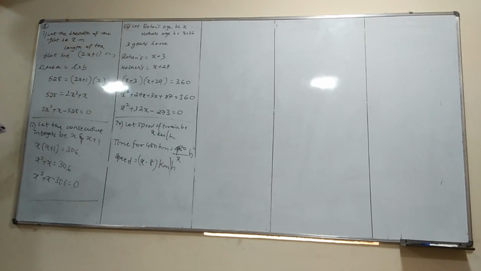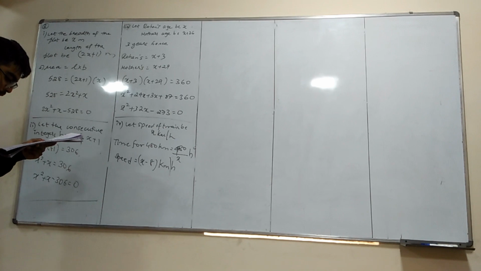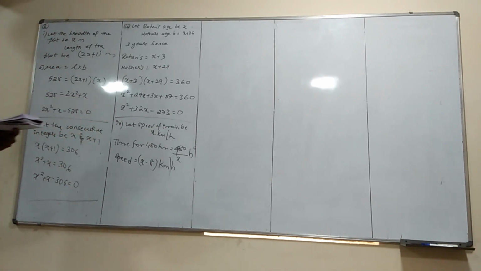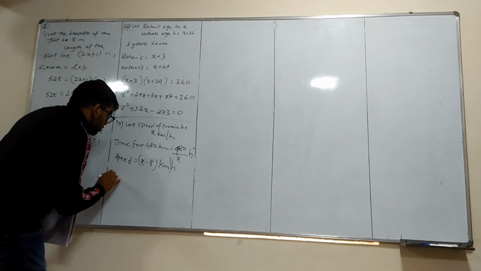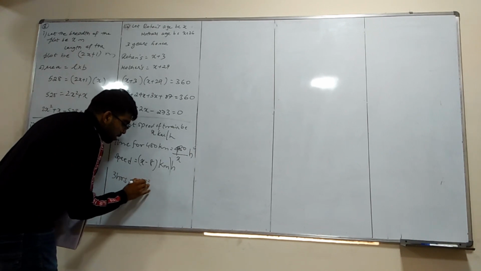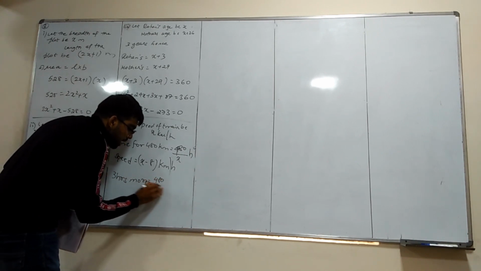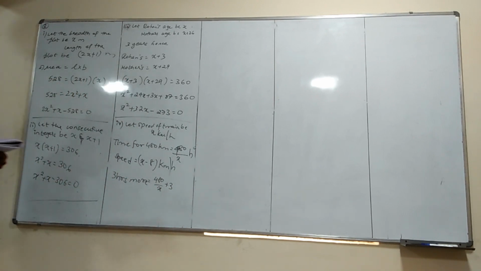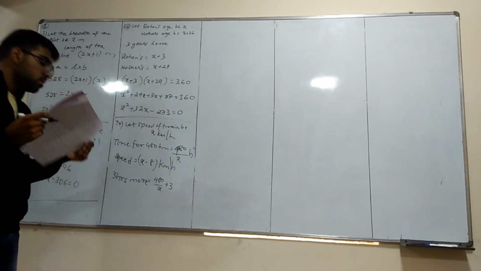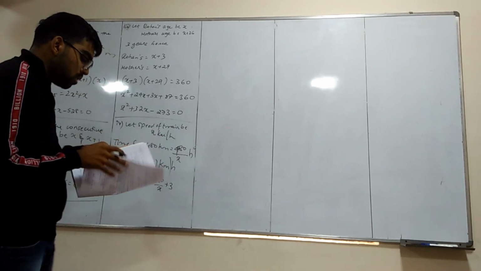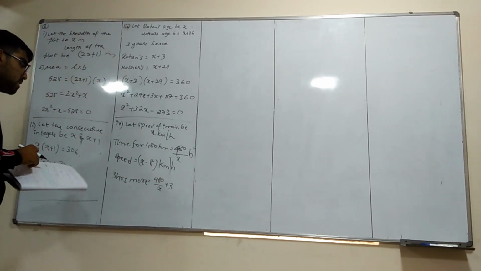The train will take 3 hours more to cover the same distance. That will be 480 by x plus 3. They have asked us to find the speed of the train.